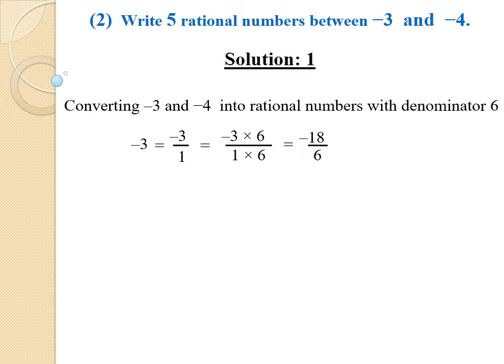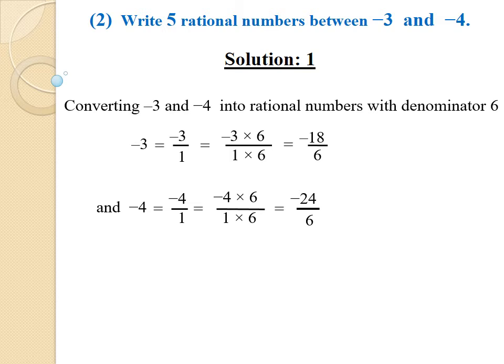Now converting -4 into rational number, we get -4 upon 1. Now multiplying denominator 1 by 6 and also numerator -4 by 6, we get -24 upon 6. Students, now we got the rational numbers between -18 upon 6 and -24 upon 6.